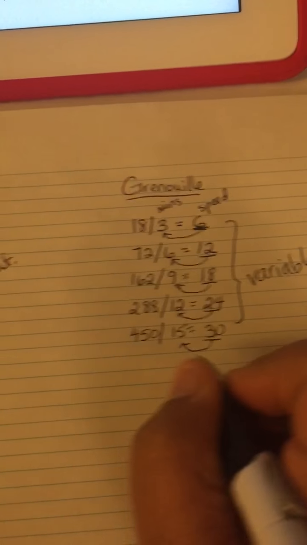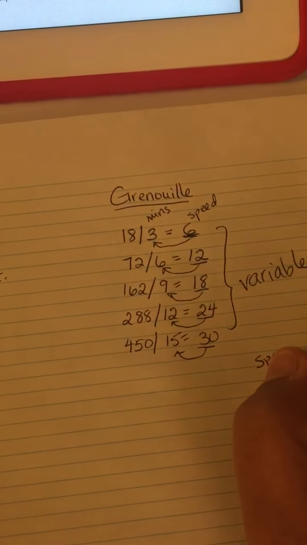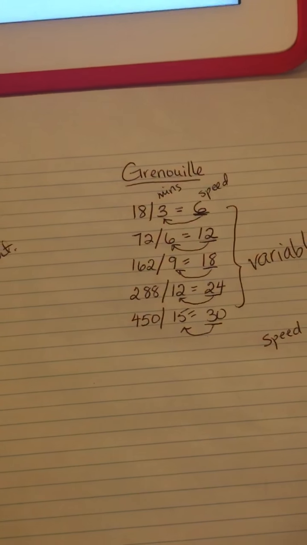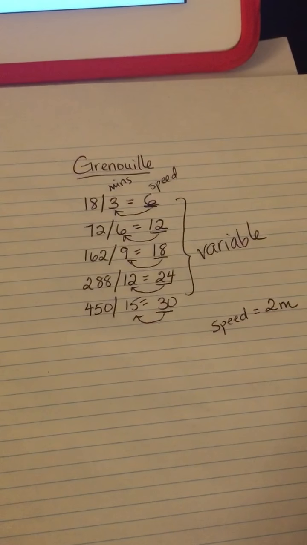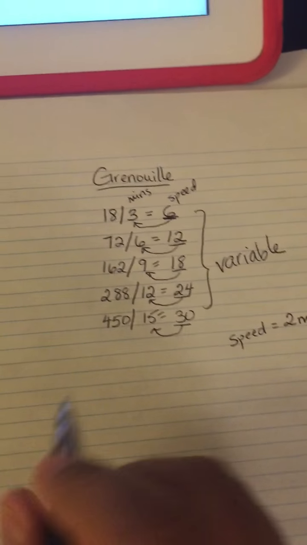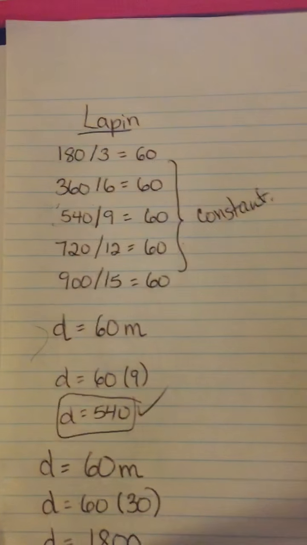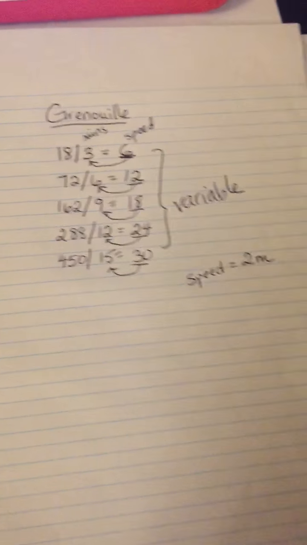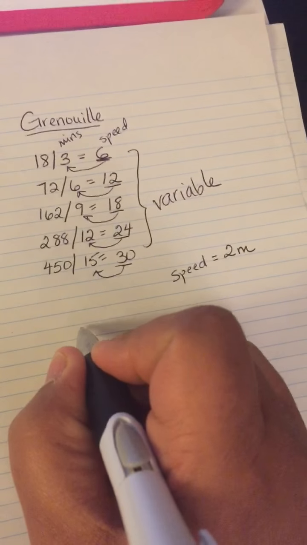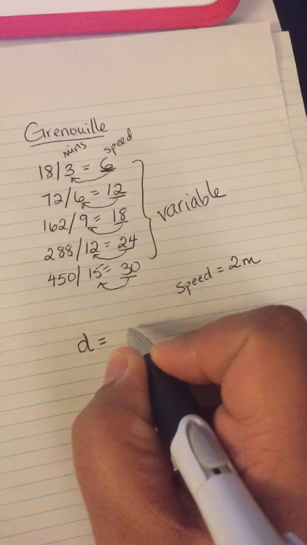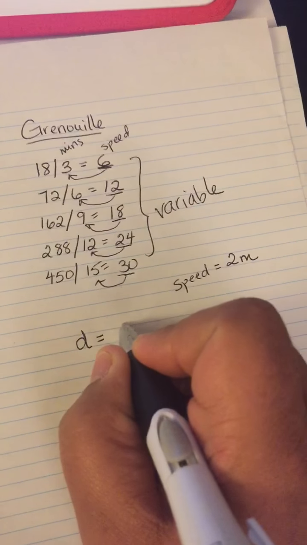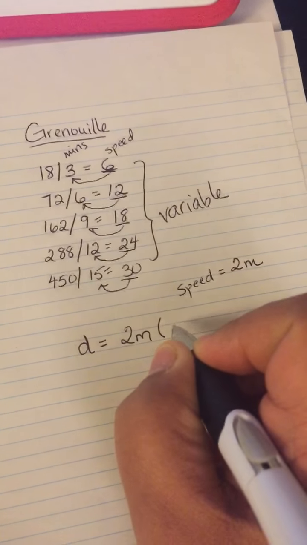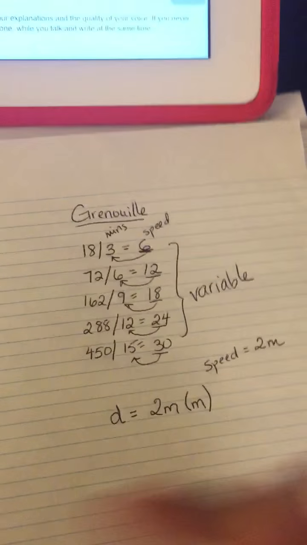So I could actually say that speed is 2 times the minutes, m. Okay? And his distance, we're going to use almost the exact same formula we had here, except instead of having a constant, we're going to use the speed. So we're going to say that our distance is equal to our speed, which is 2m, multiplied by our minutes run.